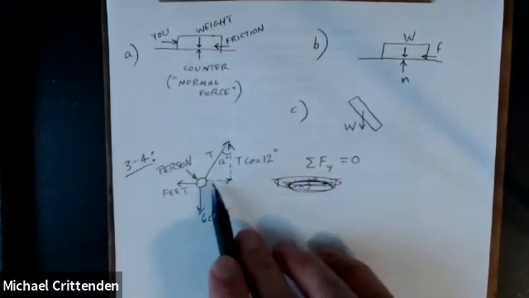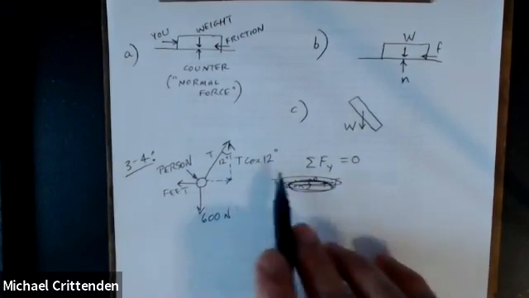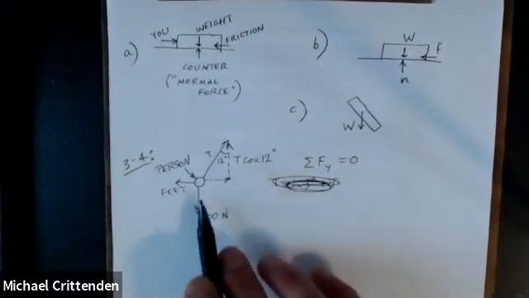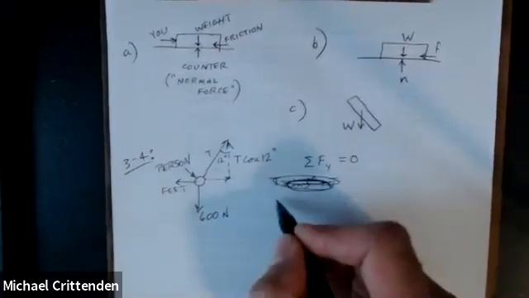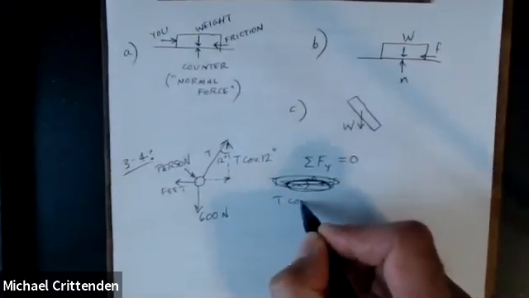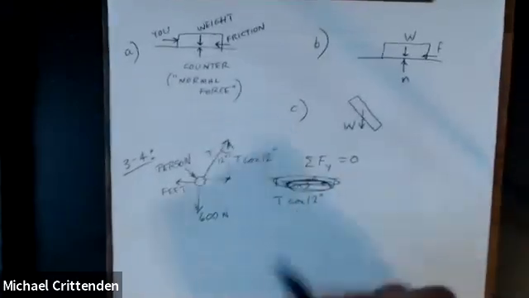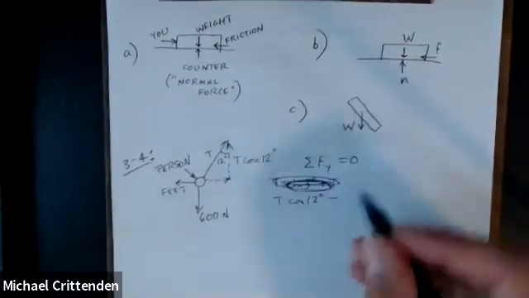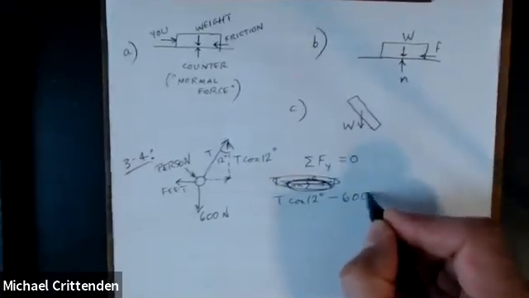Every vertical arrow on the picture goes into the summation. Each term in the summation is one of the vertical arrows on the picture. So I've got t cosine of 12 degrees. That's up, so it's positive. 600 is down, so it's negative.